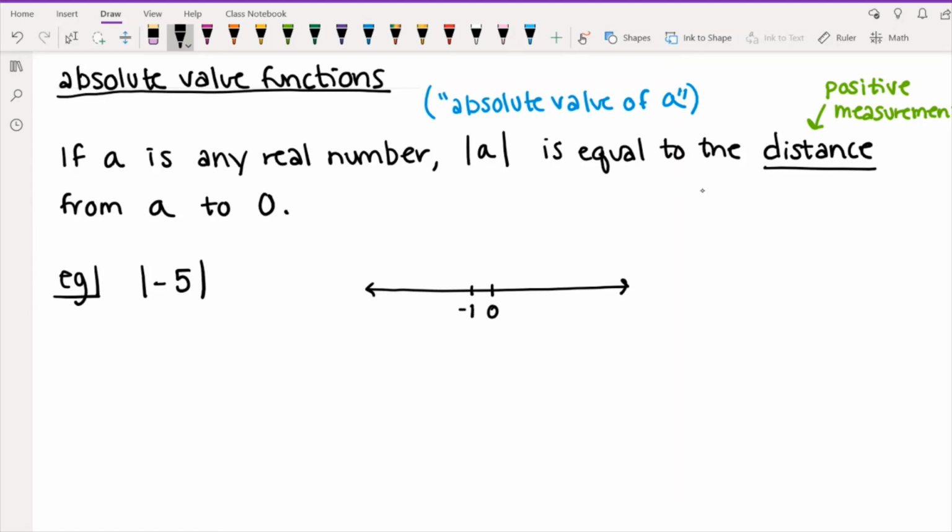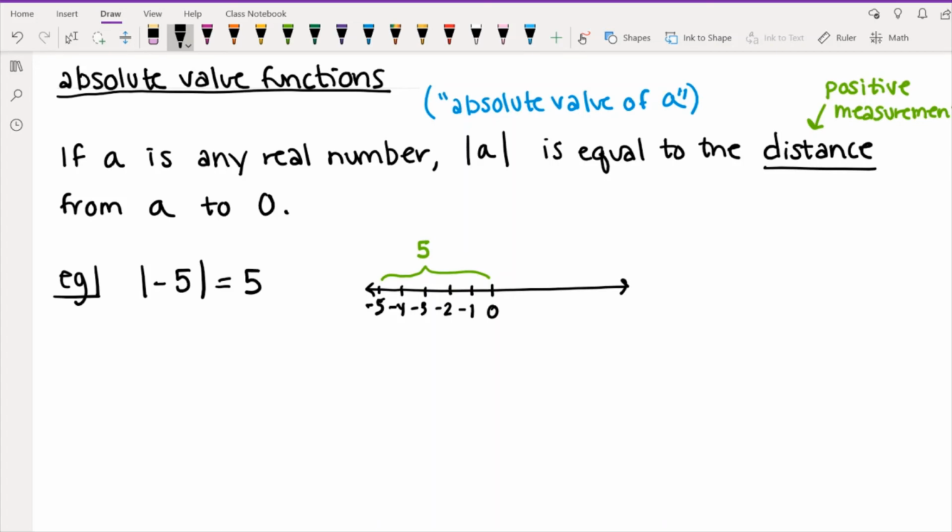So -1, -2, -3, -4, -5. Barely fit it on there. So if we're looking at the distance from -5 to 0, that's basically asking us this measurement here. And so the distance is 5. Even though the 5 is negative, the actual distance itself is equal to 5.